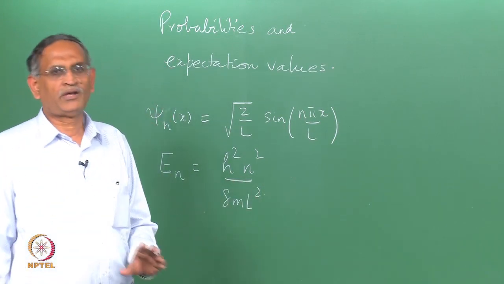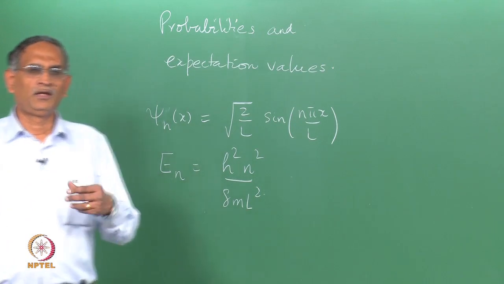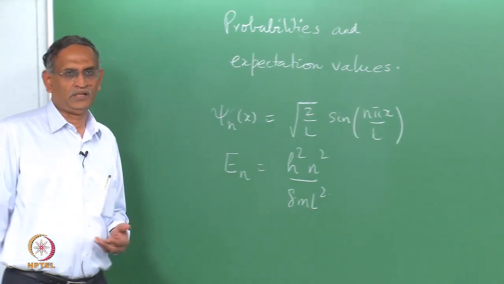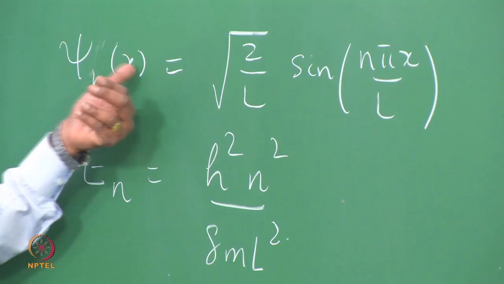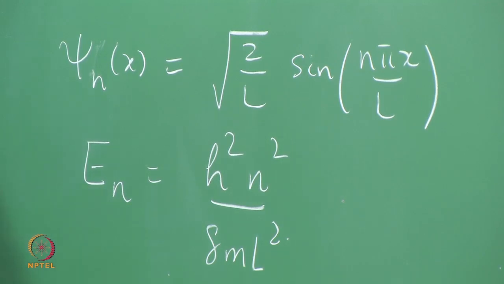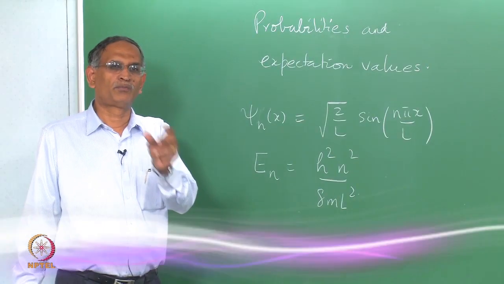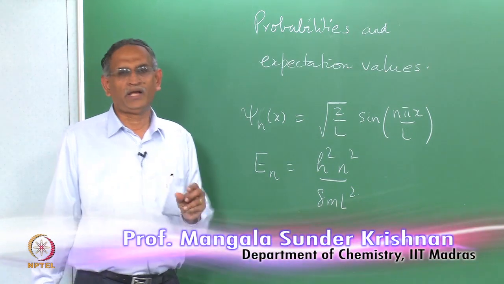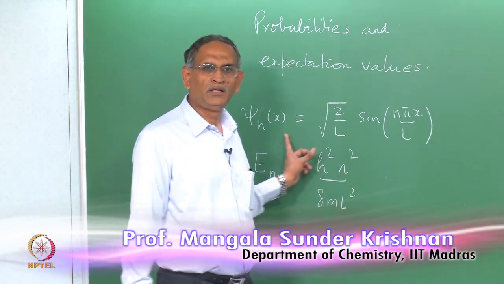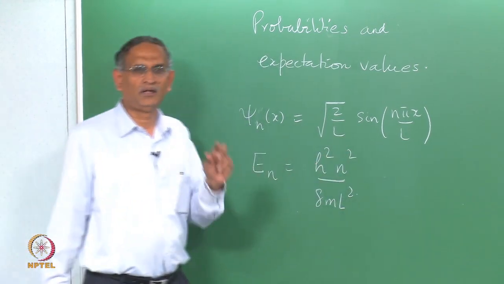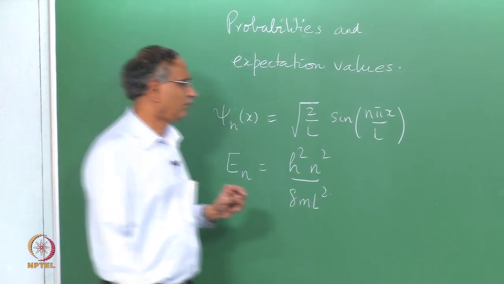Since psi star psi is the probability density at any point x, and psi star psi at the small interval dx around x gives you the probability that the particle is in that small region.